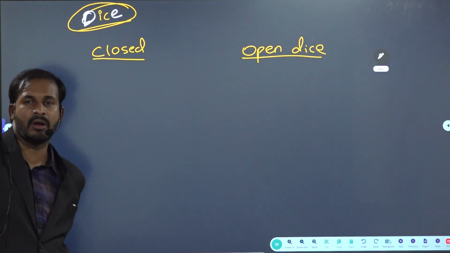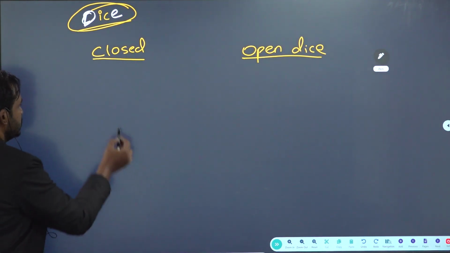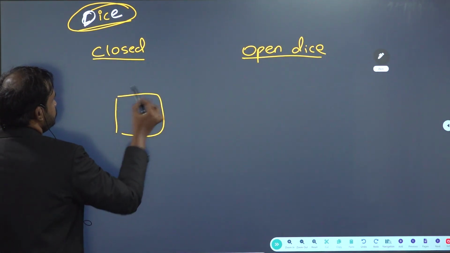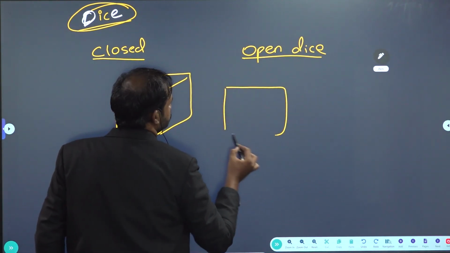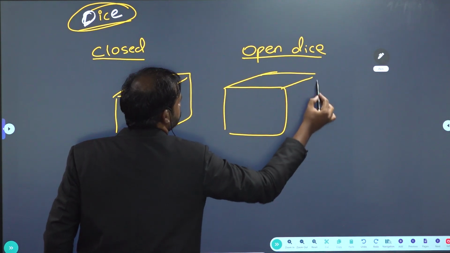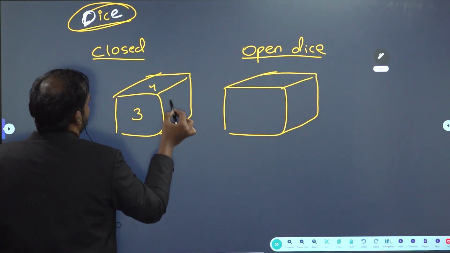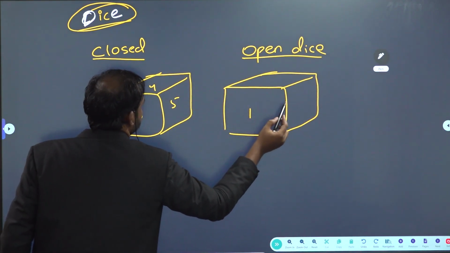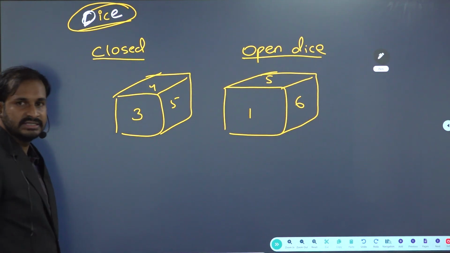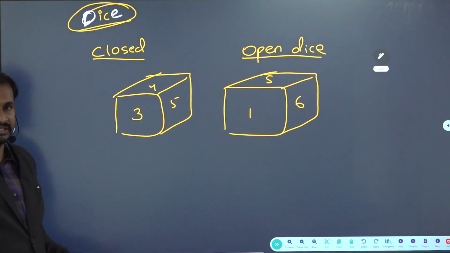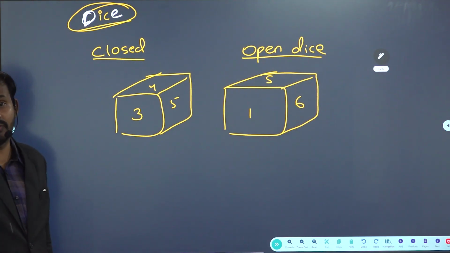Okay, the most common question is, they will give you 2 projections, something like this. 3, 4, 5, 1, 5 and 6, something like this they have given. So if 2 projections are given, definitely one will be common, a minimum of 1 is common.